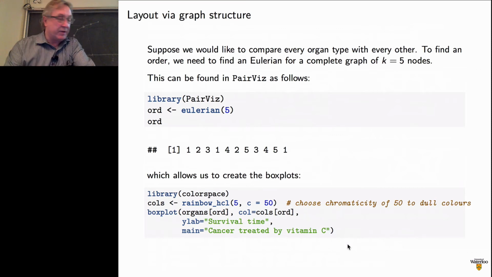And that allows me to create some box plots. So I'm going to get some colors here, 5 different colors corresponding to the different organs. And then I'm going to call a box plot on just organs. Use that order, which means some of them will be repeated. Right? The first box plot will be on the first organ, the next on the second, and the first organ will appear again as the fourth box plot.